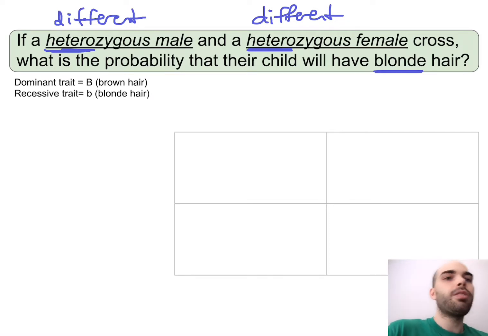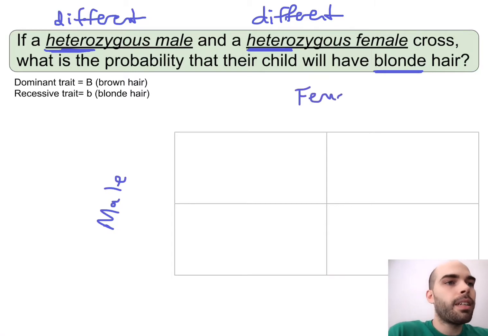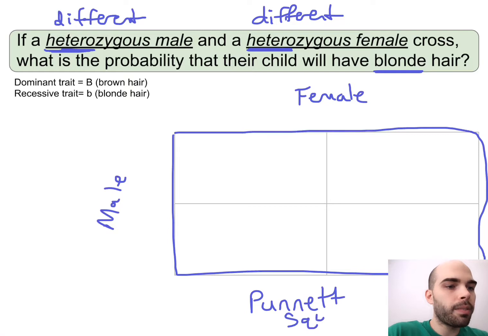So first let's write the male on the left here, and let's write the female at the top of this box. This box in this picture, we call that a Punnett square.